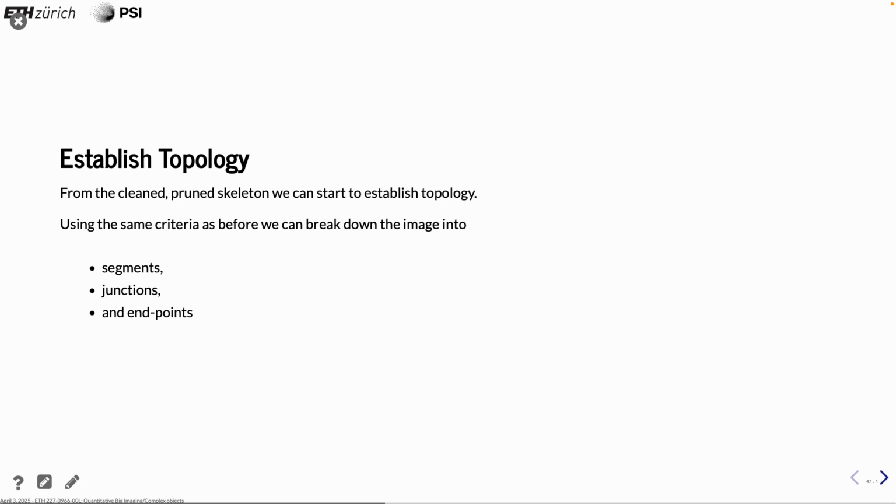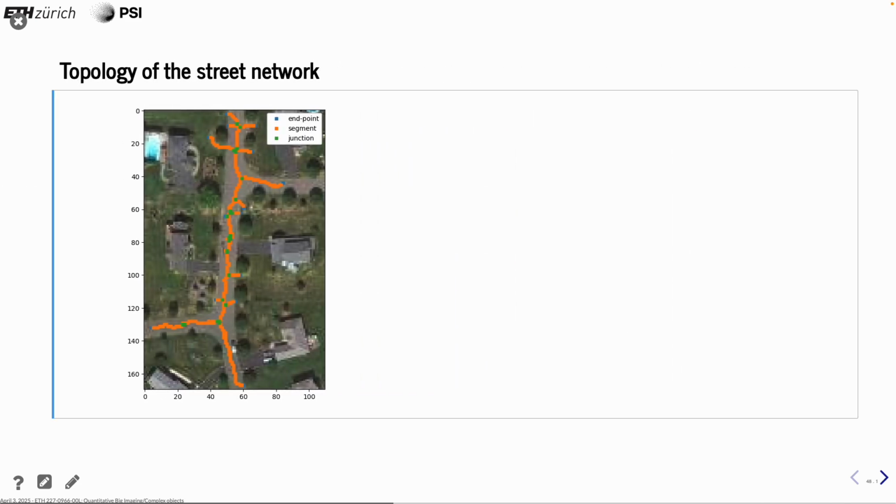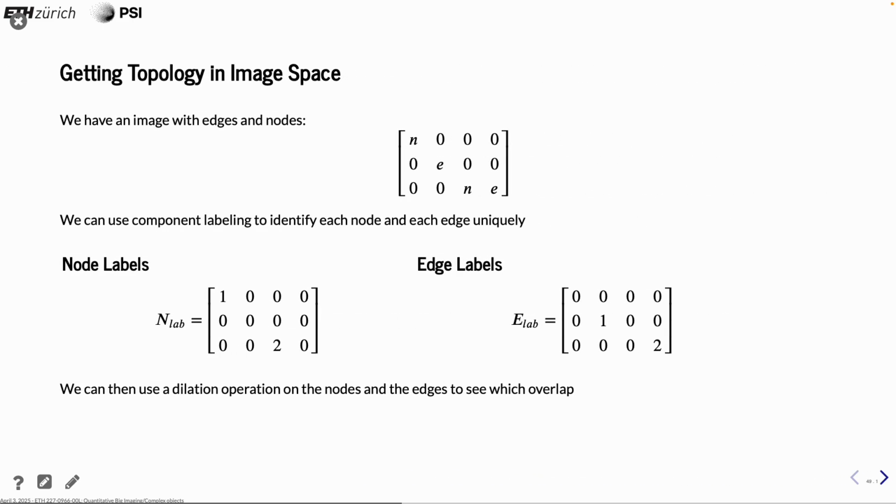Now we can start looking at the structure and topology of our skeleton. So now we can start looking at the segments and joints and endpoints and see what we can learn from this skeleton. So first, we have the topology. We have endpoints, segments, and junctions, plotting them like this. And now we want to connect these, because now we just have 3 segments in our skeleton.